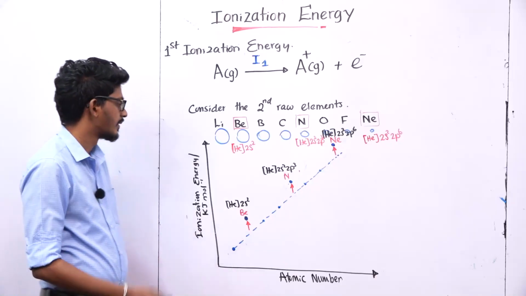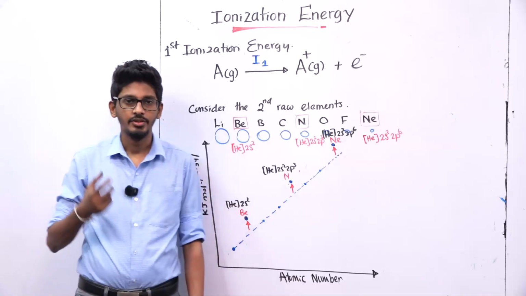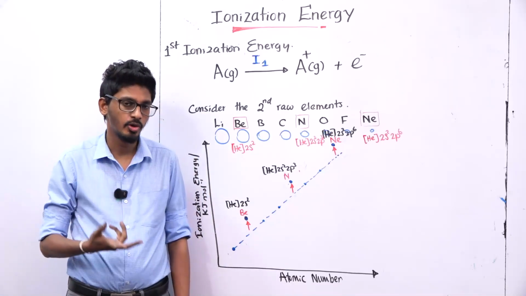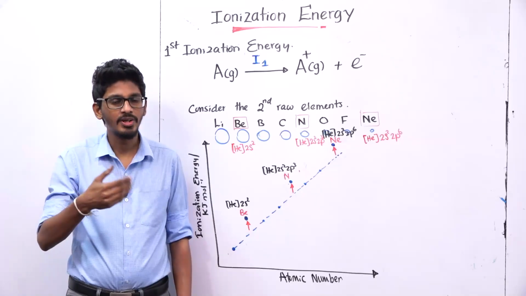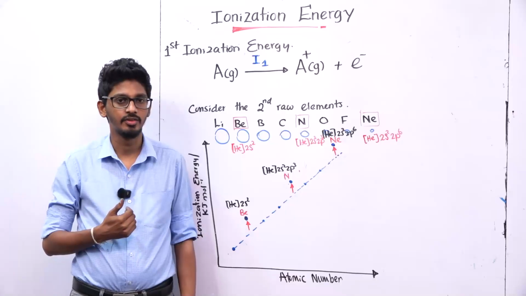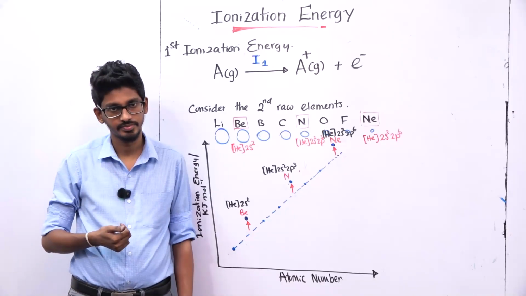And then some elements are there that will release their outermost or most bound electron more keenly, as they can achieve the noble gas configuration, or some stable configuration, by releasing it.